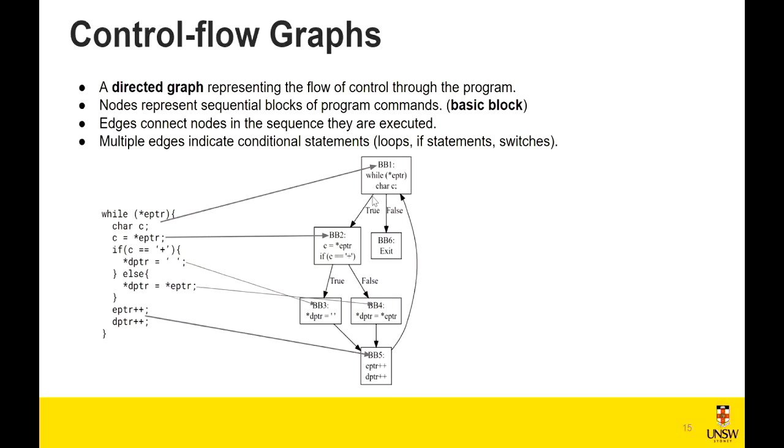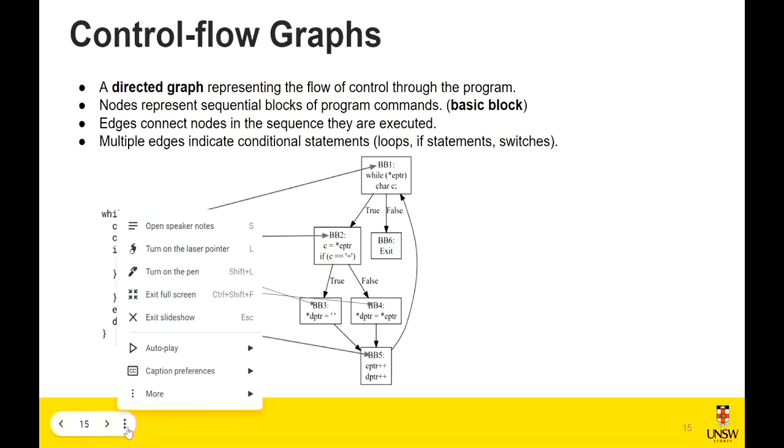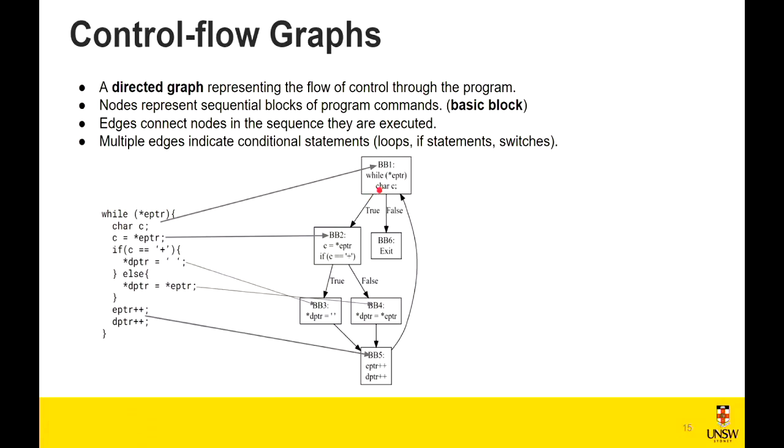So as you can see, we have a branch here because two edges are coming from basic block 1, and another branch here because two edges are coming from basic block 2. And like I just mentioned, a basic block is not simply one statement. A basic block could be a sequence of statements where there are no branches in between.